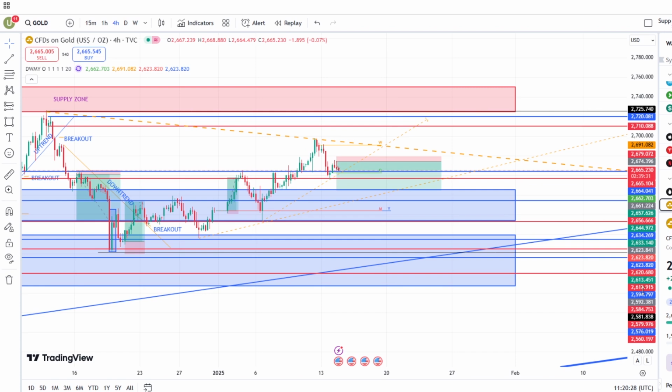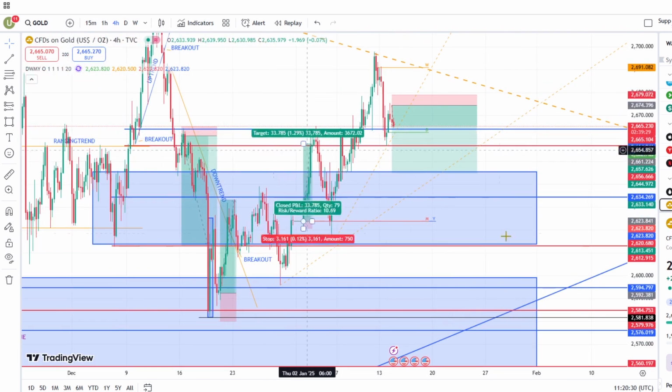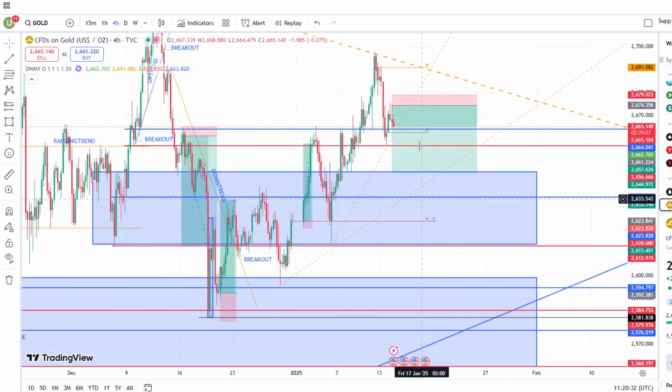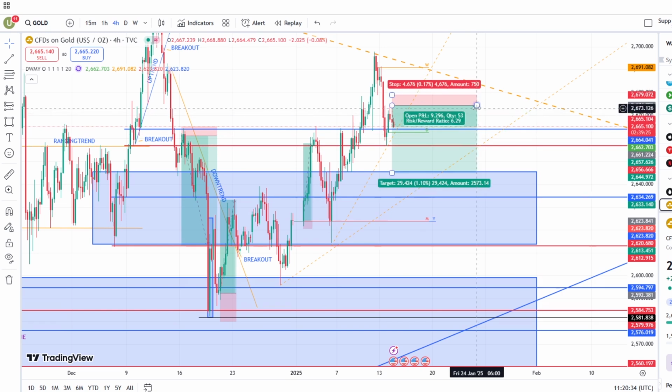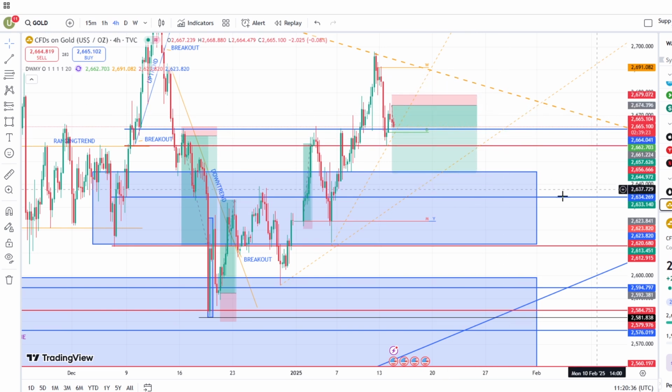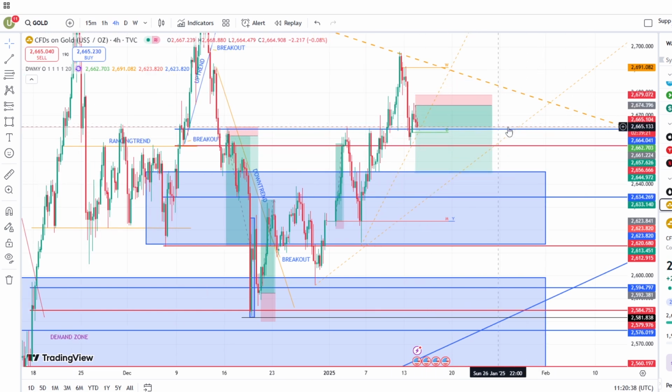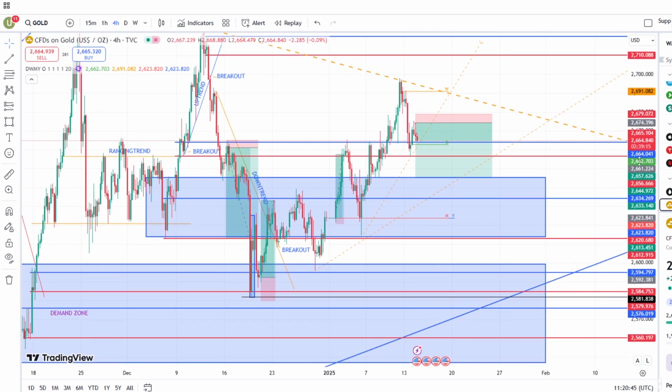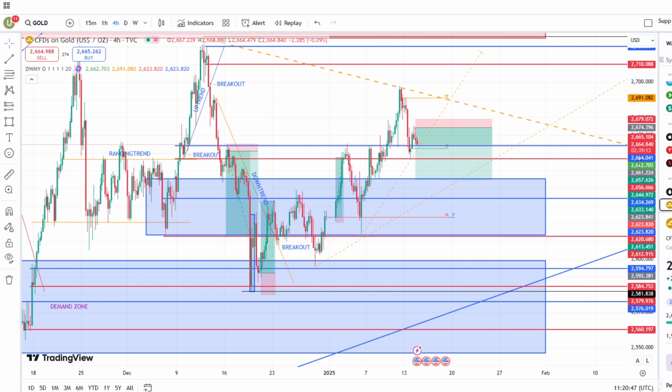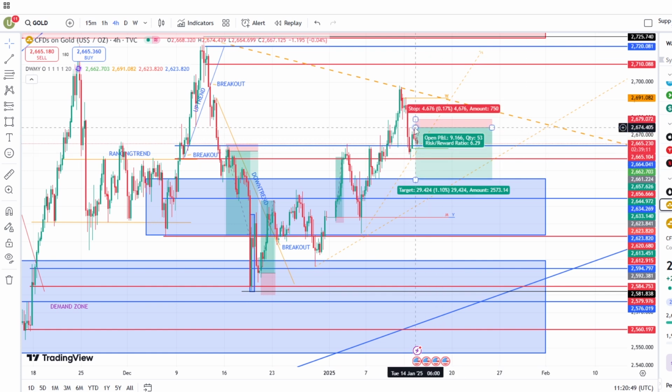Ooh, this one. Hey guys, this looks like a buy. When you speak of technicals, technically speaking, this looks like a super buy. This looks like a buy. And I took my sells here.